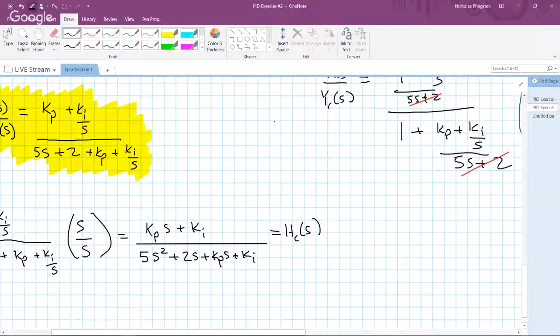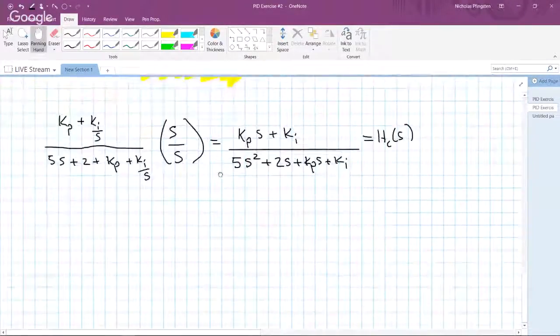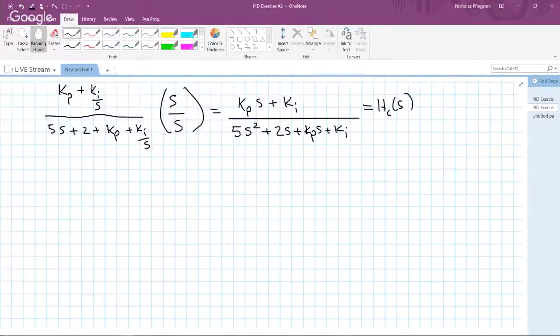Now what can we do with this? Well, we need to further place the denominator into standard form. How do we do that? Well, we have to take the 5 out of that denominator.